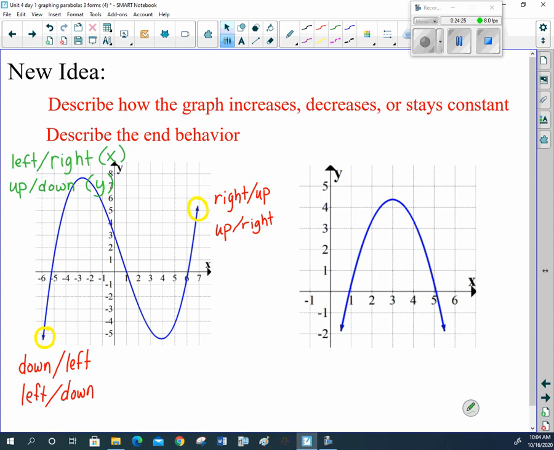Okay, so I usually start with the x first. So what we're saying here, we're moving left and we're moving down. So basically, if you're moving left, what you're saying is x is going to negative infinity. I'm moving left, and moving left on the number line, going like this, means that you're going towards negative infinity. Okay, but at the same time that I'm moving left, you said that I'm moving down. So that means the y value is going to negative infinity.